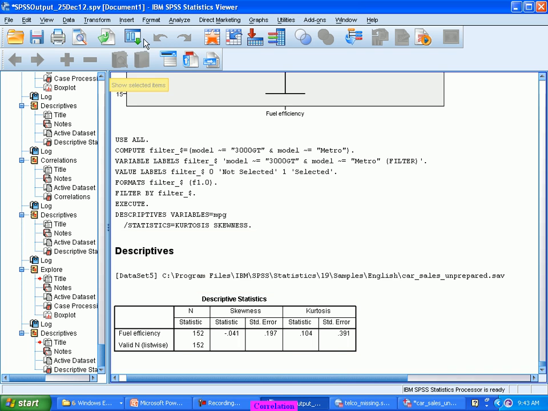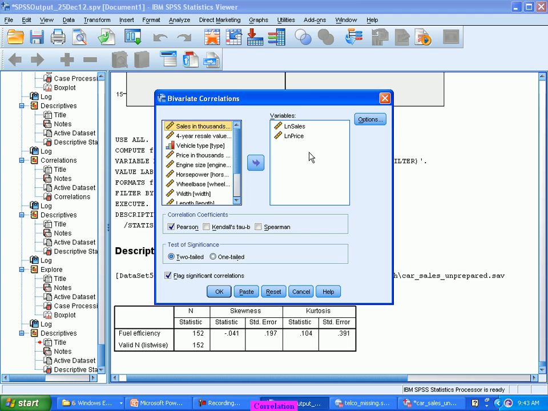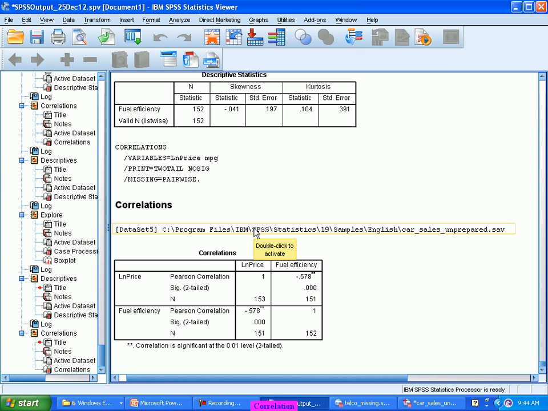So now I'll try to pitch in the correlation, let's say between price and fuel efficiency. Where is that? Oh, I did not transform it. No? So I'll take it between the log price and the fuel efficiency itself. Minus 0.57.